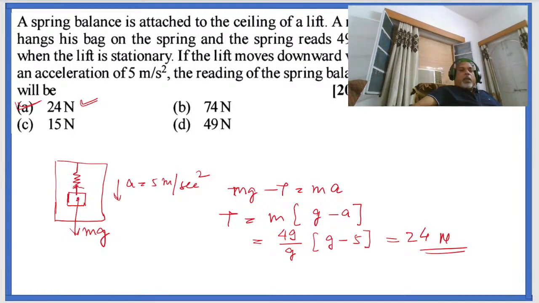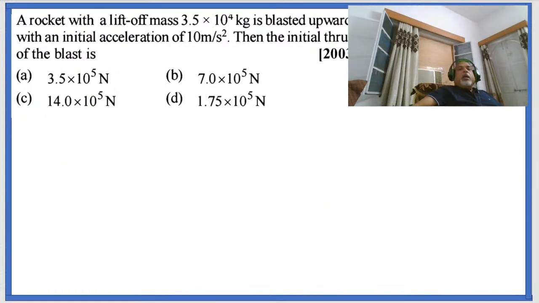Correct? Now another problem, let us see. A rocket with a lift-off mass. You have a rocket here. Naturally this thrust force will be acting here.